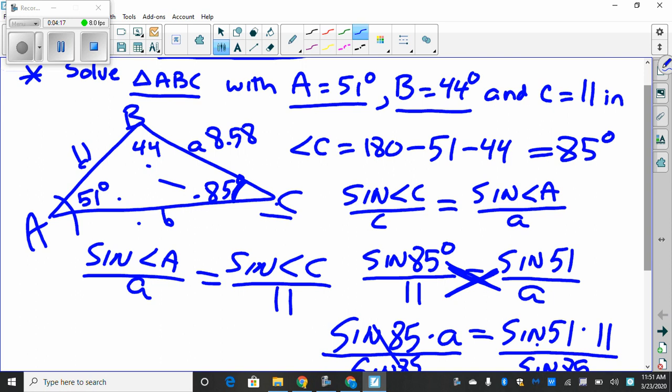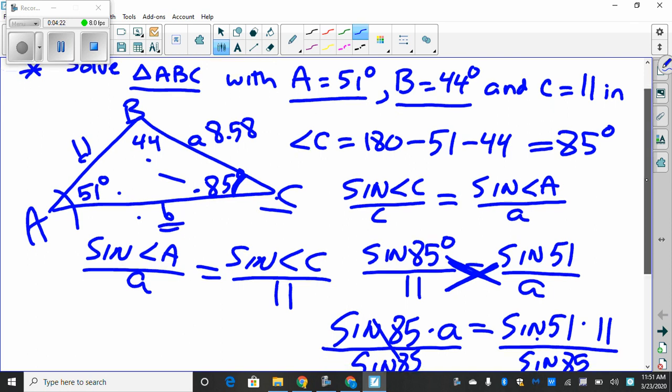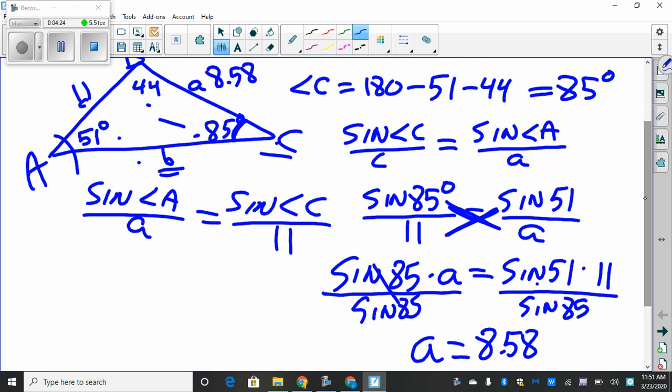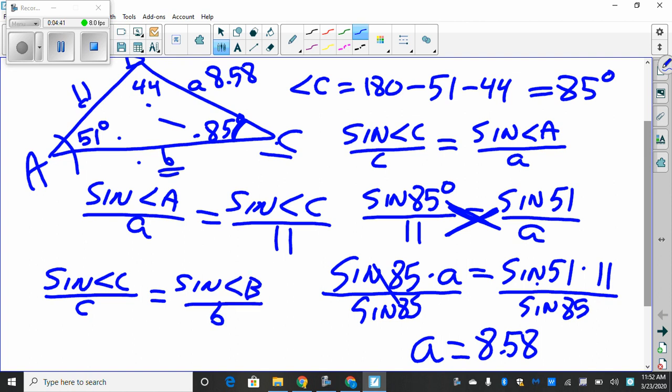Well, I'm almost done. Now I just have to find little b. But again, I just do exactly what I just did. So in this case, I would have the sine of angle C again over little c, just like I did over there, is equal to the sine of angle B over little b. And then again, I'm just going to set a proportion like I did here, and we'll just solve it.